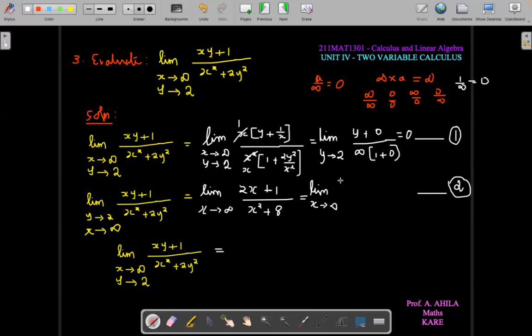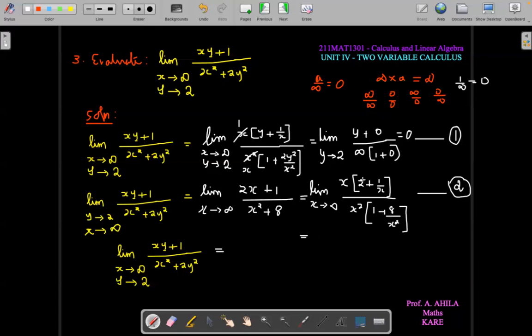So I take x again common from the numerator. If I take x common from the numerator, divide each term by x, so that 2 plus 1 by x. Similarly, in the denominator, if I take x square common, we get 1 by x square, that is 1 plus 8 by x square. Again with the same condition, anything by infinity is 0. So these two terms become 0. So what happens?